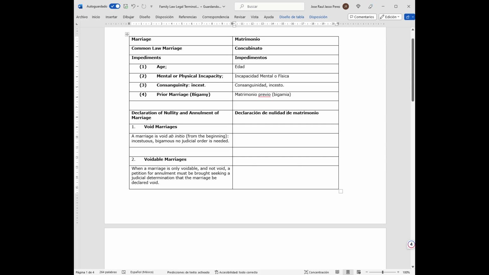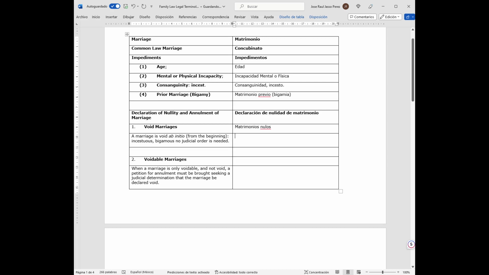So first is void marriages. Those are matrimonios nulos. A marriage is void ab initio, from the beginning, if it's incestuous, bigamous, and in these cases, depending on the state, but generally speaking, no judicial order is needed, right?